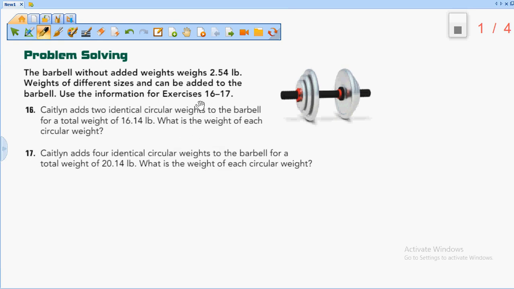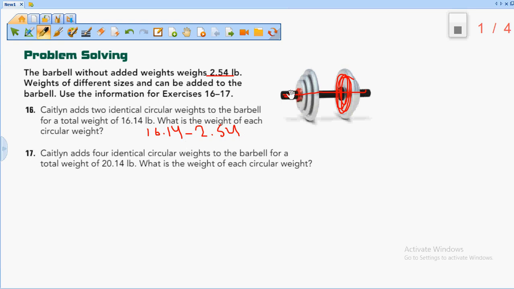Look here, the question gave me a hint. The barbell without added weights is 2.54. So I have to subtract from the total weight: 16.14 minus 2.54. Look here, the barbell with the weights is 16.14.